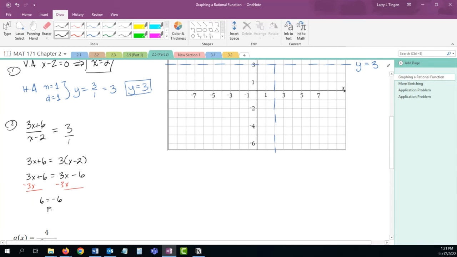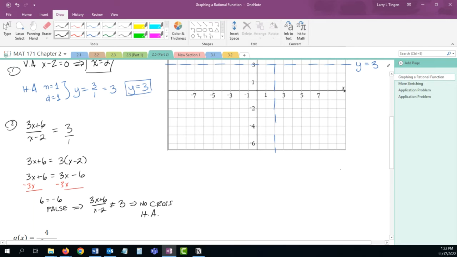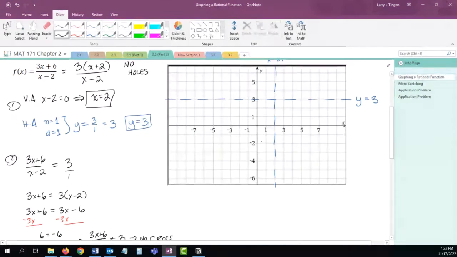When all the x's go away and I end up with something that's false, that means 3x plus 6 over x minus 2 is never equal to 3, which means that I do not cross the horizontal asymptote. Does that make sense? Okay, so there's never a time where I cross the horizontal asymptote here.